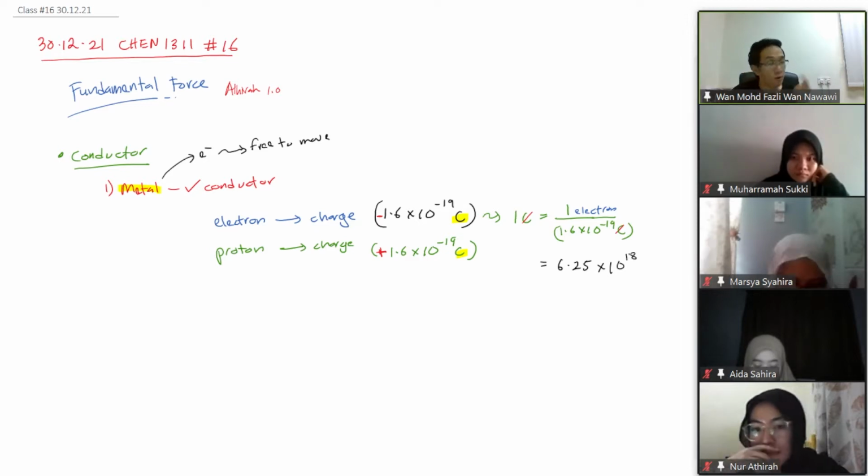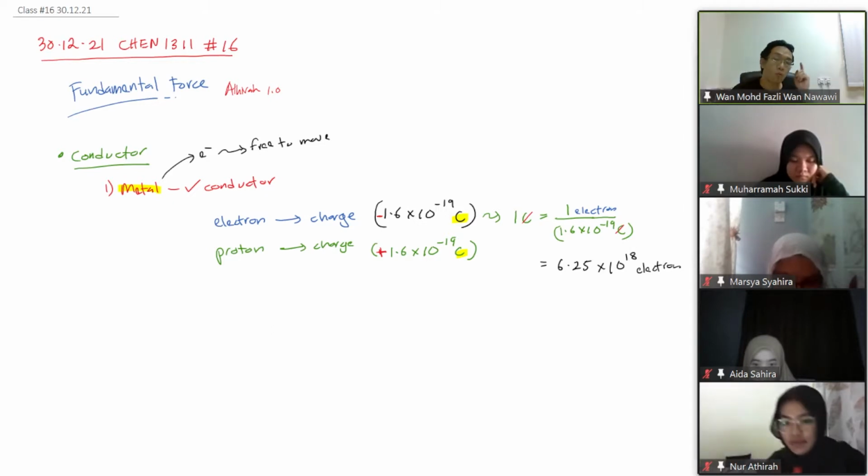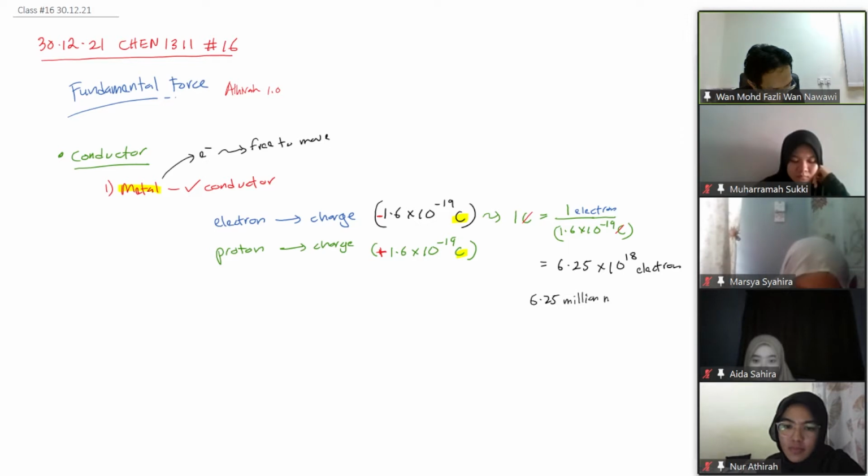That is electrons. Meaning that in 1 Coulomb, you have 6.25 times 10 to the power of 18 electrons.